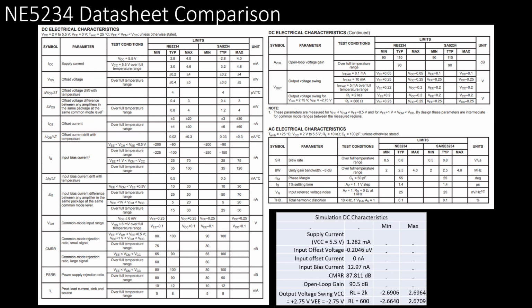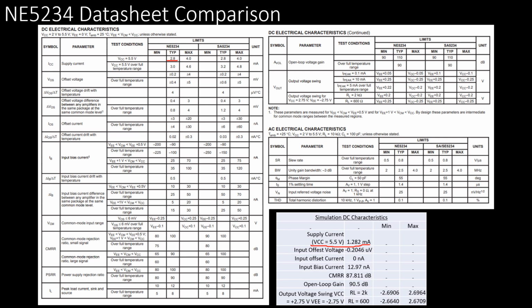So here's a look at the datasheet compared to the simulated characteristics in the bottom right here. The total supply current of 1.282 milliamps was lower than the supply current found on the datasheet.